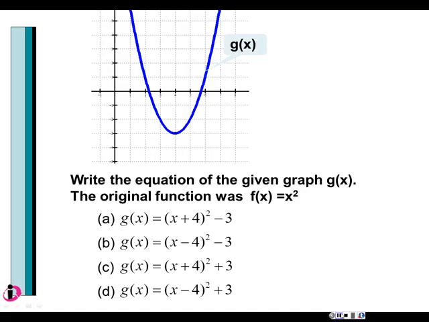So it will be x minus what? 4, right? Because it moves to the right. When you are moving right, it's negative. Horizontally, if you move right, it becomes negative. So by that, you know that your answer will be either of these two. You can rule out A and C because horizontally right, which is negative, it must be x minus 4.